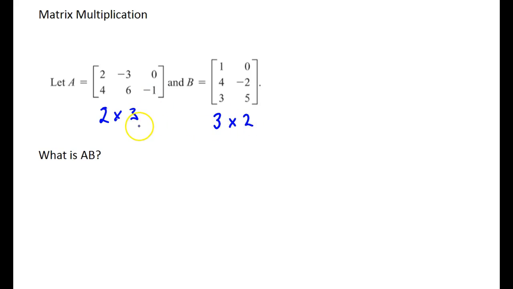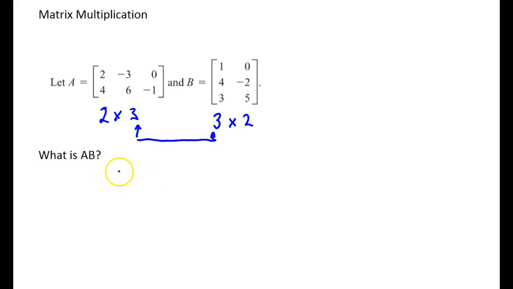In order to multiply matrices together, the columns of the first matrix has to equal the rows of the second matrix. These middle two numbers have to match. And the result, the product of the multiplication, will be the outside numbers. So when I multiply A times B, I'm going to get a 2 by 2 matrix as its result.